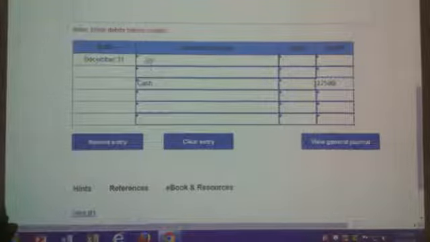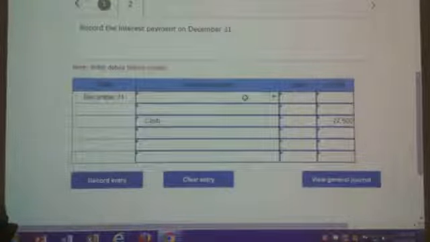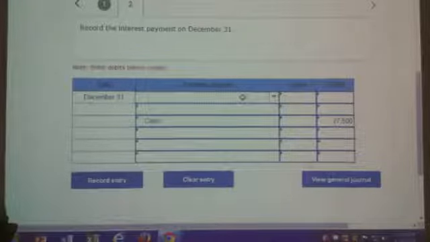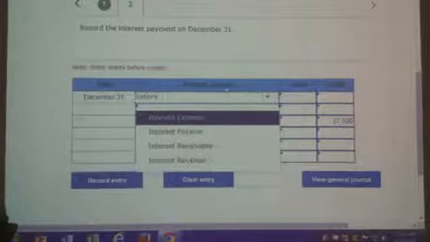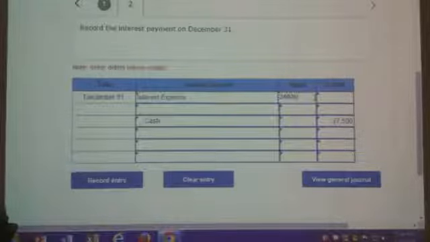From there, you calculate the amount of interest expense by multiplying the book value, 300,328, times 8%. 300,328 times 8% will be the interest expense, which will be 24,026.